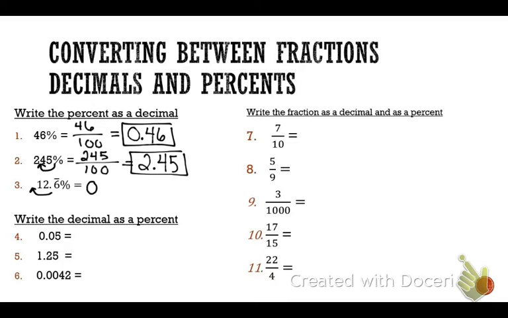You need the 0 out front as your placeholder, and then you have 126. But what is the one more thing that I need here to make sure it matches the percentage exactly? The repeating bar, the bar notation. 0.126 repeating.